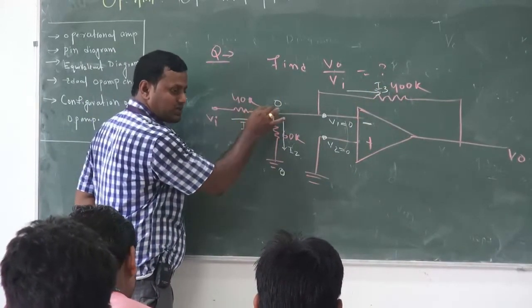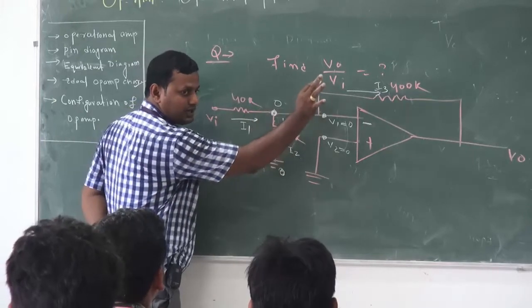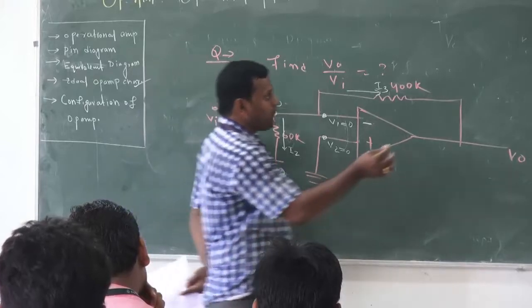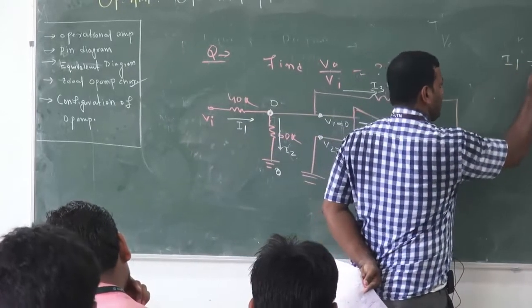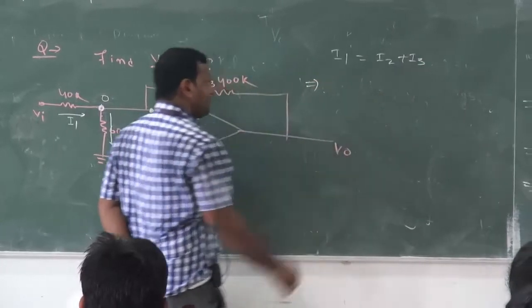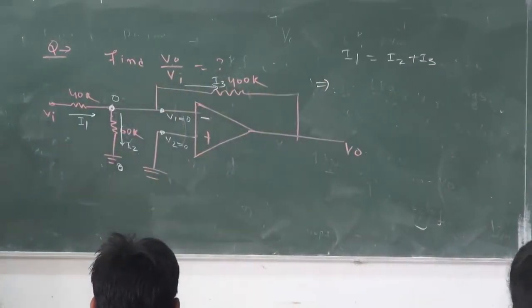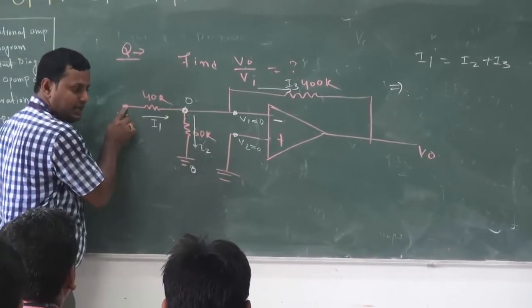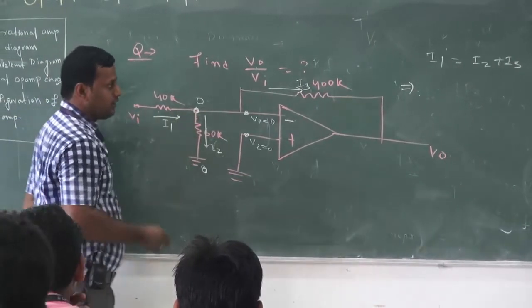Sum of current in must be equal to sum of current out. So I1 must be equal to I2 plus I3. What is I1? I1 is nothing but this current: Vi minus 0 by 40.